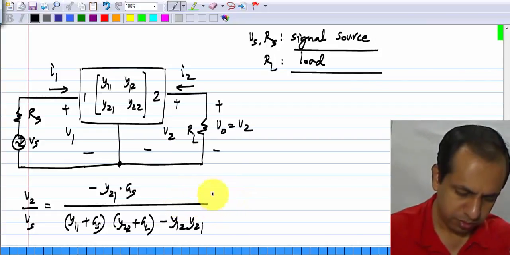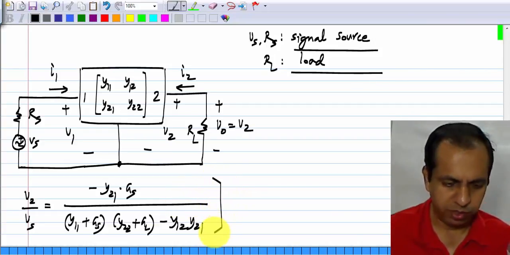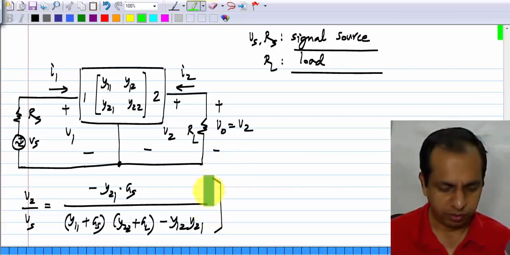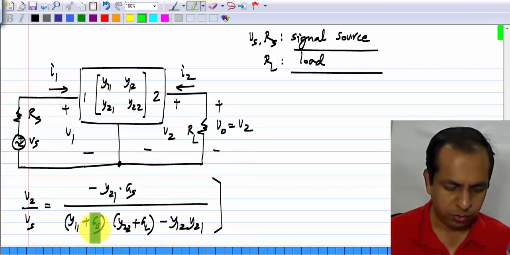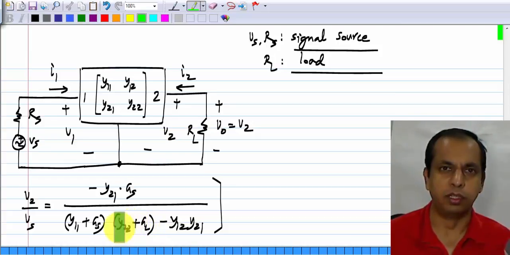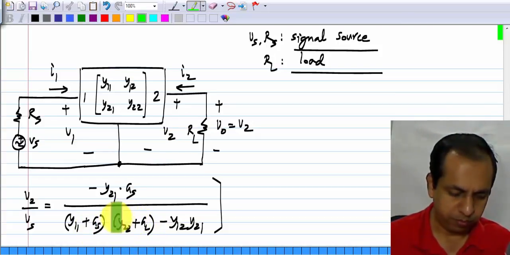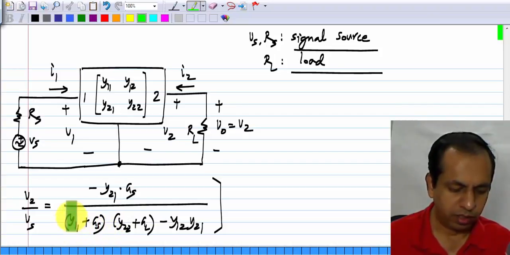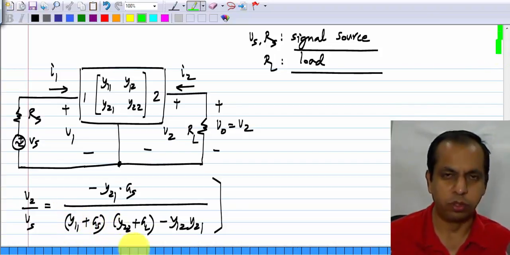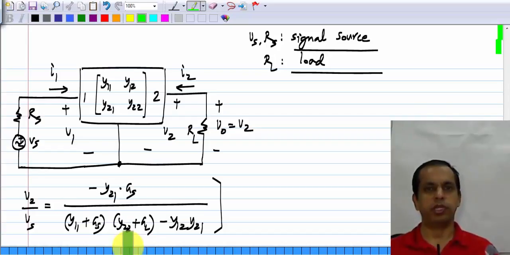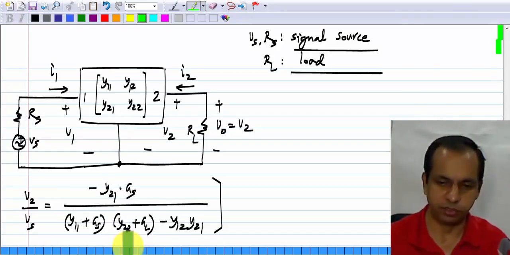Now from this expression, let's see. First of all, GS and GL, which are the load conductance and source conductance, are positive. And it turns out that y11 and y22 are also usually positive. It doesn't have to be for a nonlinear 2 port, but we will consider them to be positive.